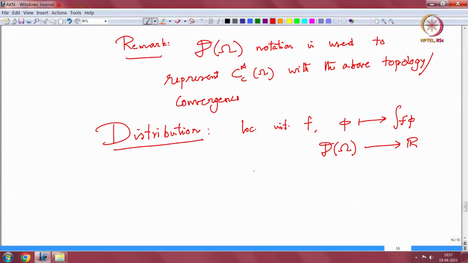So, the idea is to give a definition of such an association independent of a particular integrable function.